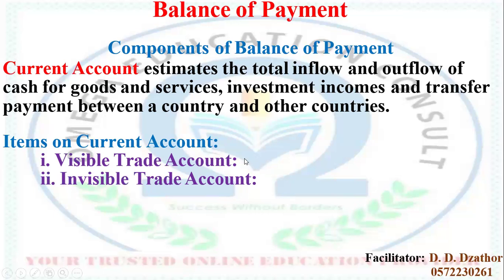So if you want to find the value for the visible trade account balance, then you need to find the difference between the total amount of money that we get for exporting visible goods and the amount of money that we use in purchasing visible goods. If you want to find the balance on invisible goods, then we find the difference between the total amount of money that we get for exporting invisible goods and the total amount of money that we pay for importing invisible goods.